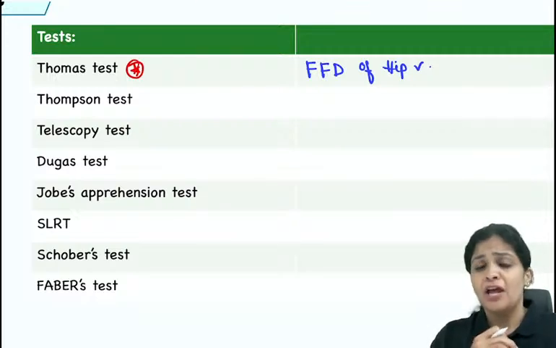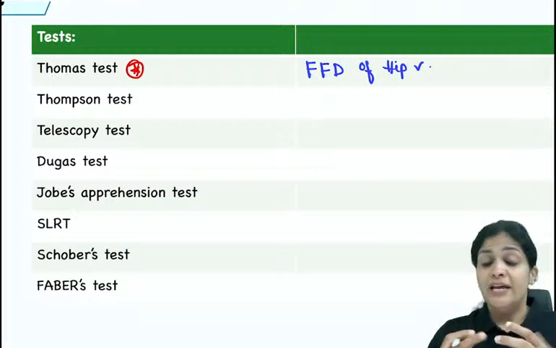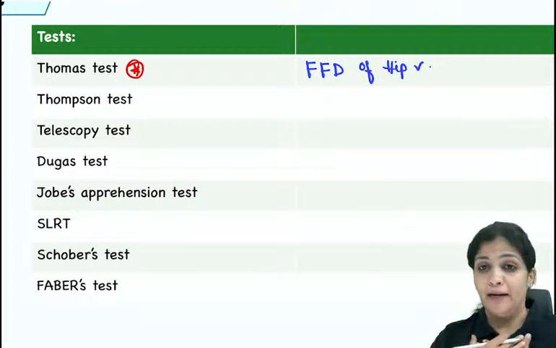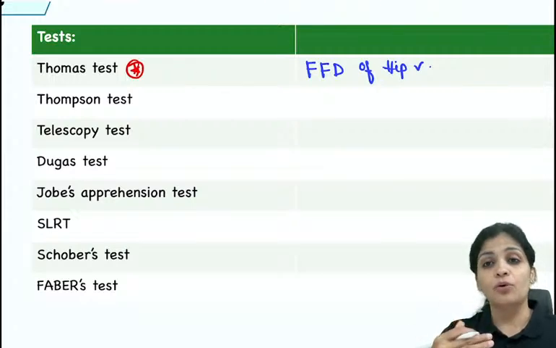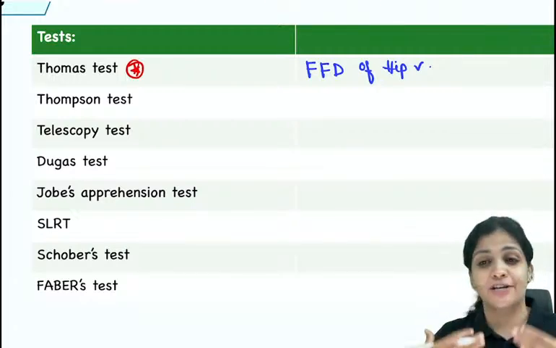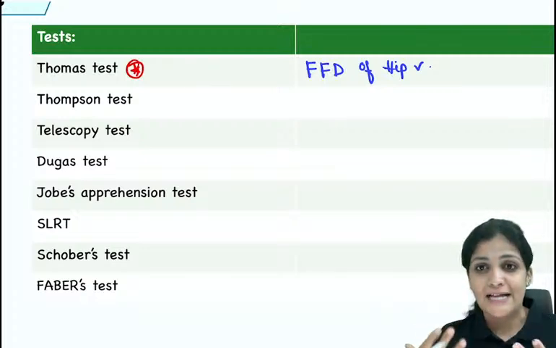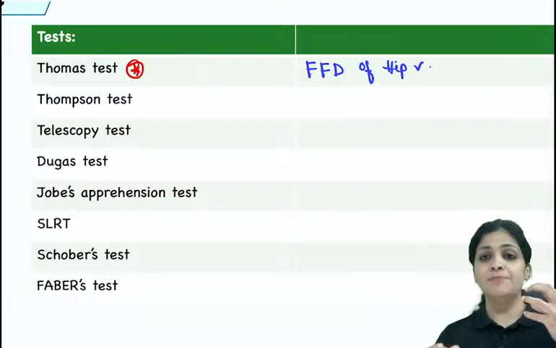We can't walk, right? So now what comes to your rescue is your spine. The spine comes and tells you, instead of you bending, I will bend more. Already I'm bending, lordosis, right? So now what do you do? Instead of the hip bending, I will bend more. That is, there is an exaggeration of the lumbar lordosis, right? So whenever there is an exaggeration of lumbar lordosis, the hip becomes straight.